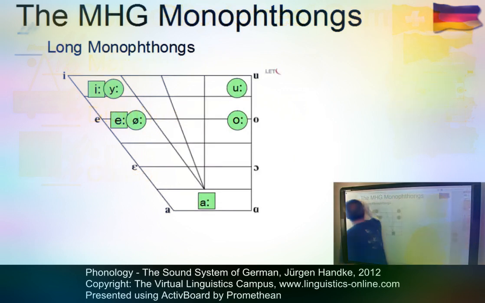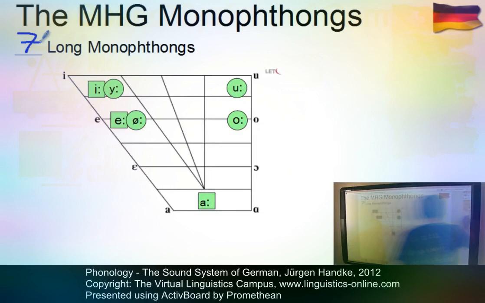So, as already said, there are 7 long monophthongs, or 8, depending on whether the 2 front vowels e and ä have merged. Most speakers, especially those who use the northern accents of German like myself, merge these 2 vowels everywhere.